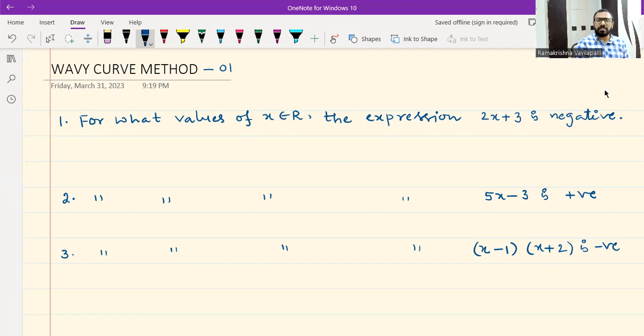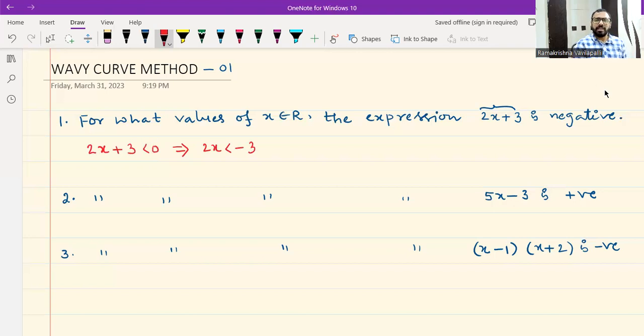So here we want to find all values of x for which 2x plus 3 is negative. So we will write this as 2x less than minus 3.